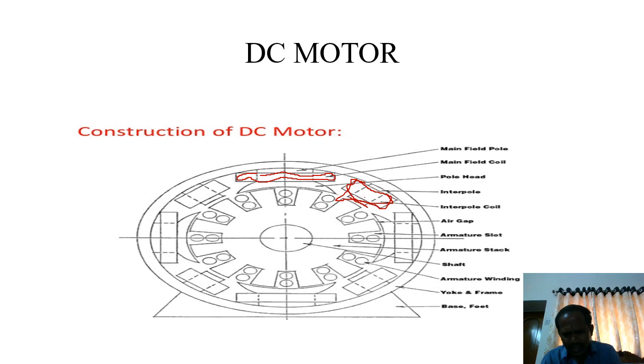This is the armature, and between them is the very small air gap. Next, these are the armature slots, which have the armature windings.